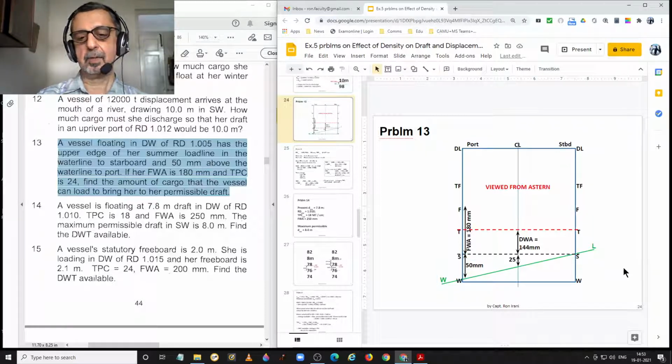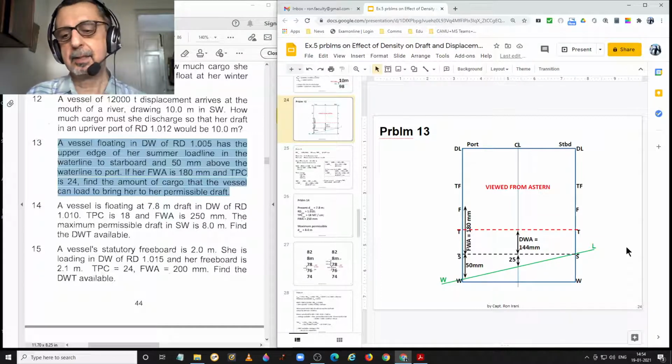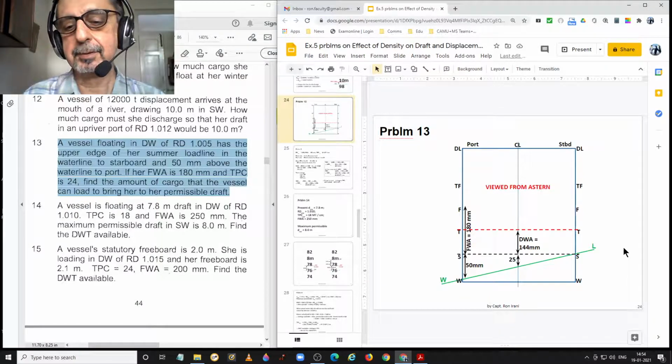Now, as I said earlier, what matters is the load line on the center line. For the load line on the center line, we have to take the sum or the difference of the two depending on where the load line is positioned with respect to the water line.